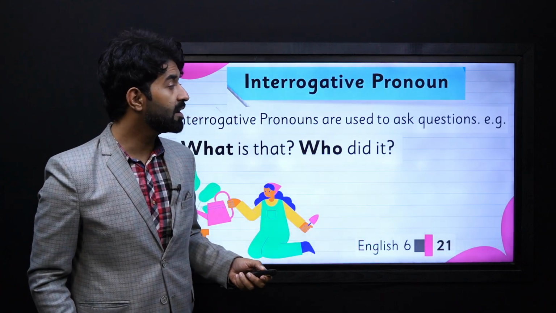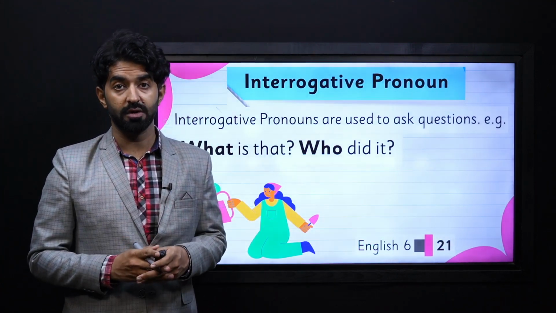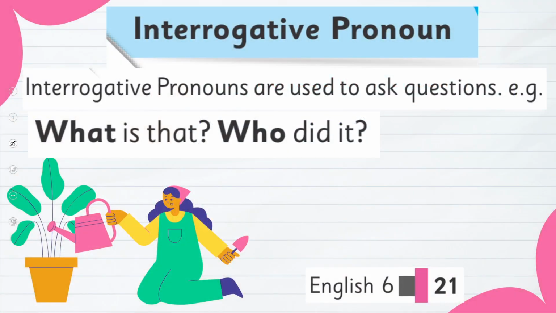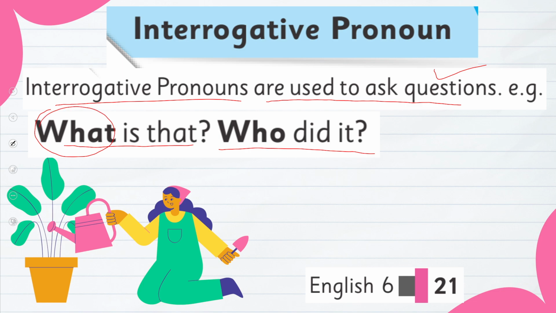Now that it is clear, let's talk about interrogative pronouns. Let's recall that interrogative pronouns are used to ask questions. For example, what is that? Who did that? Who did it? Now, these are interrogative pronouns, and there are many others.